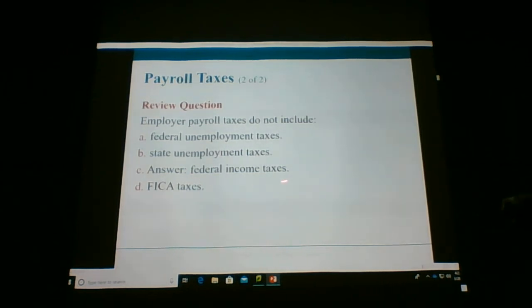Federal income taxes are withheld from the employee's check, from the employee's gross pay. It's one of the items that's taken out in arriving at net pay. Federal unemployment, state unemployment taxes, and the employer's portion of FICA taxes all have to do with the employer. So they tried to throw you off right here a little bit, but if you were paying attention at all, you probably were able to figure out that the answer was in fact C. Okay? All right.